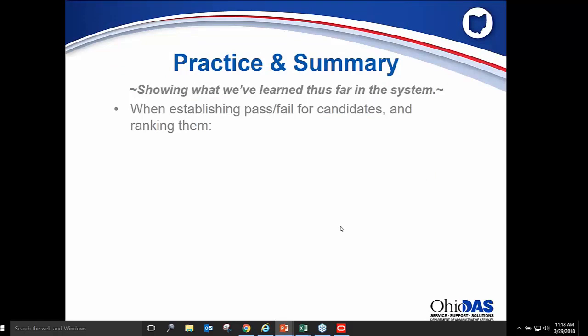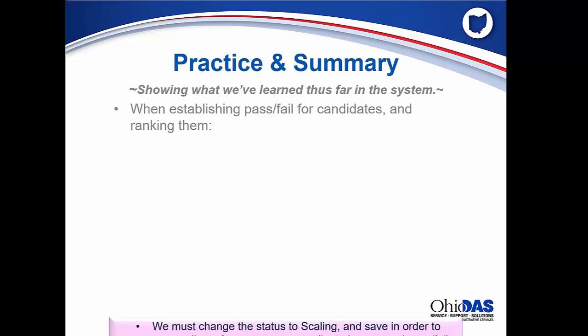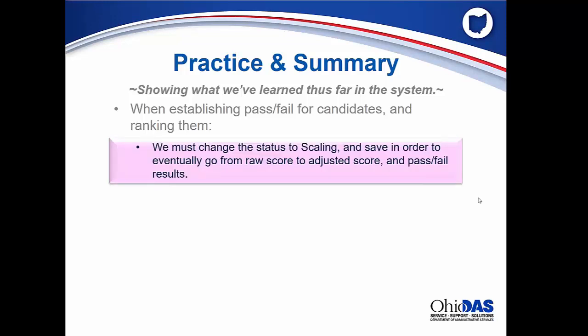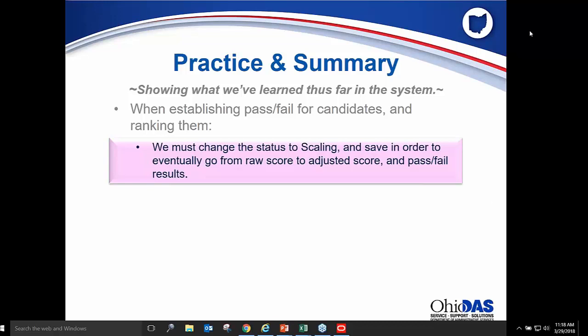When establishing pass-fail for candidates and ranking them, remember we must change the status to scaling and save in order to eventually go from raw score to adjusted score and pass-fail results.